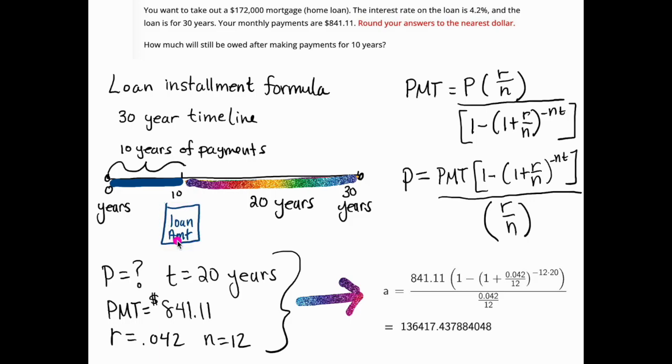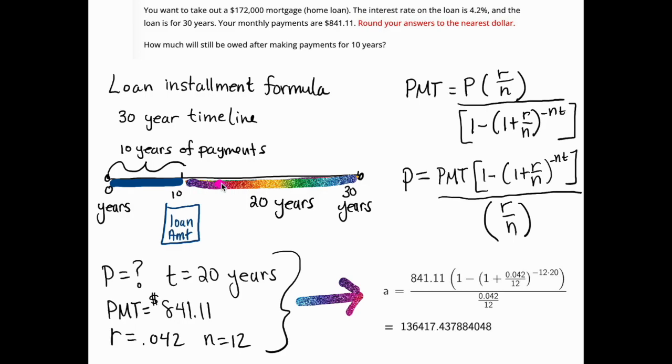So what I want you to think about, just starting from scratch, this is now the amount of money that we owe, and we're going to be making payments for the next 20 years. So think of this as a brand new loan. So we have the amount of money here that we owe, and then we're making payments for 20 years.